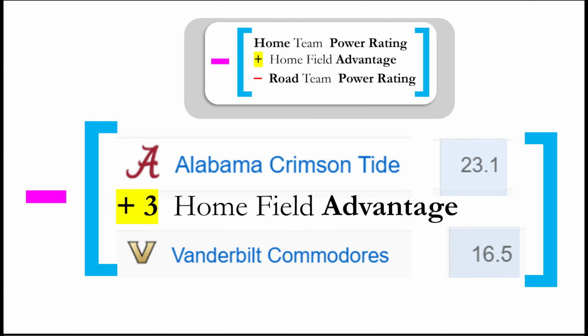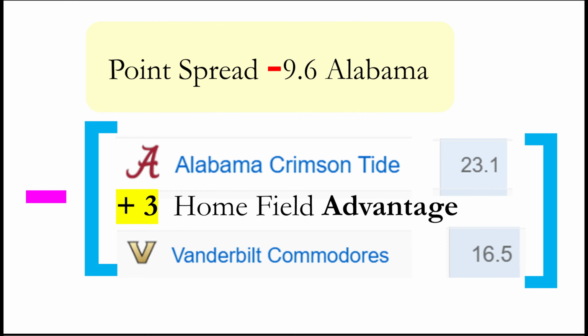Take that number, take the negative of that, and that gives you Alabama's point spread. Now with the home field advantage, traditionally the number is 3, but 3 or 4 could be used. So the point spread here would be minus 9.6.